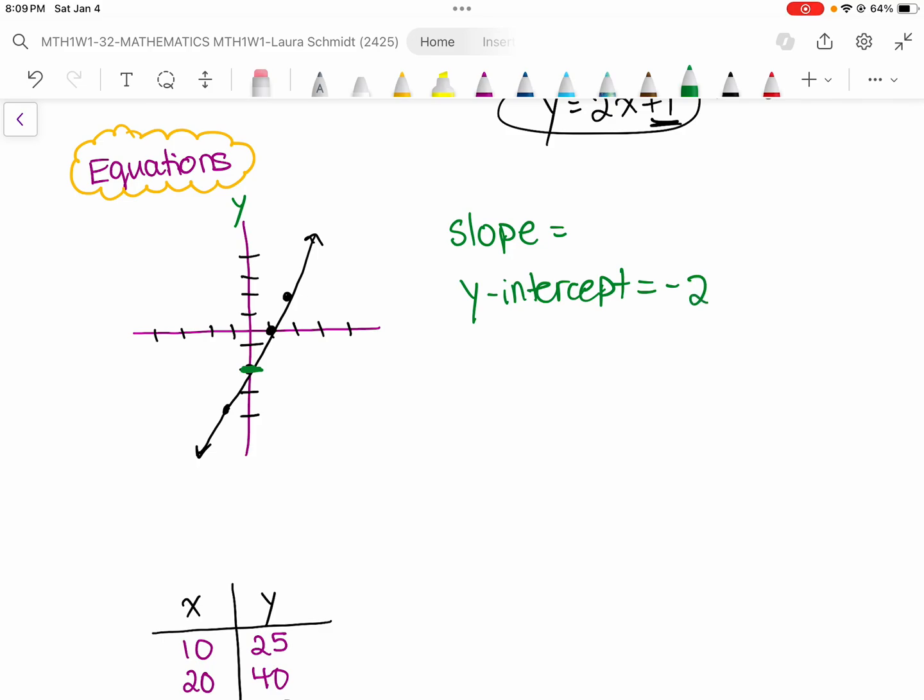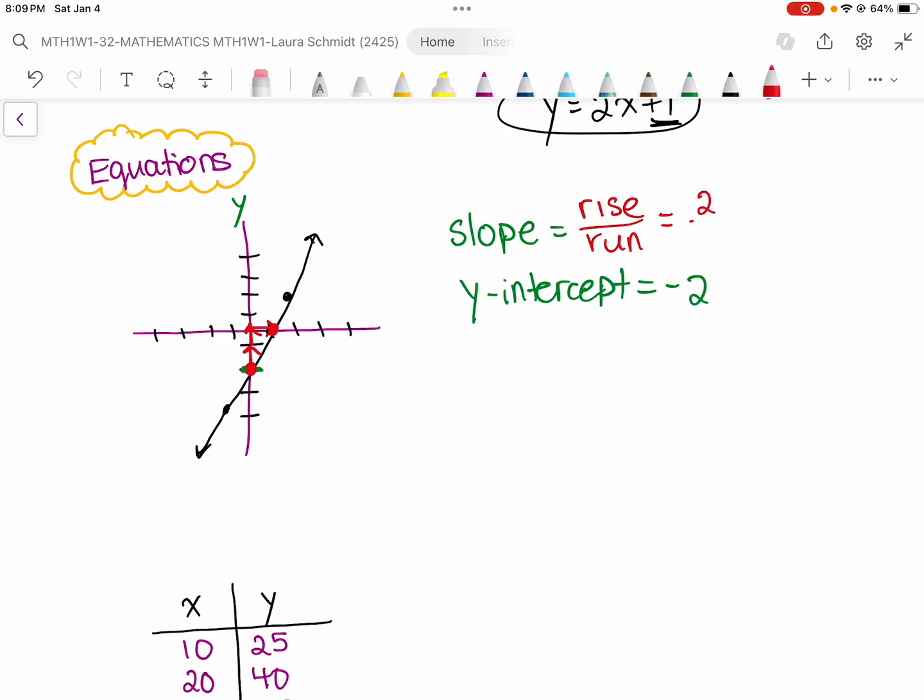And then we can easily find the slope by just picking 2 points on our line. So let's say I picked the y-intercept and the x-intercept. I know my slope is equal to rise divided by run. So I just see, what is it going up by? 1, 2. And then what is it going over by? 1.